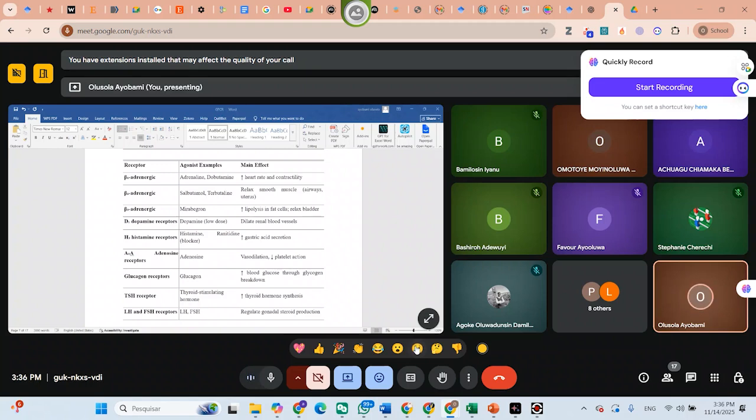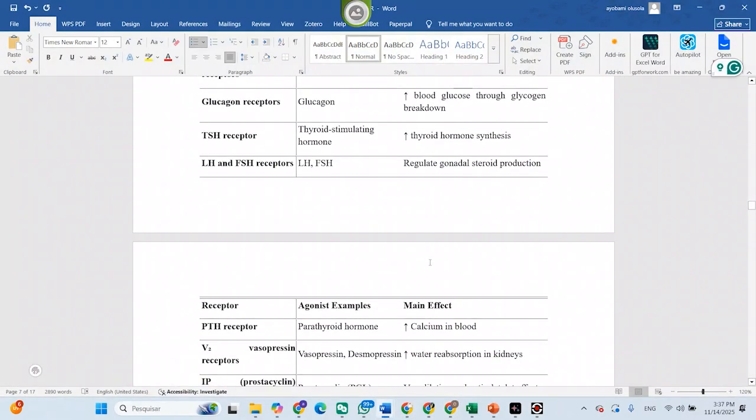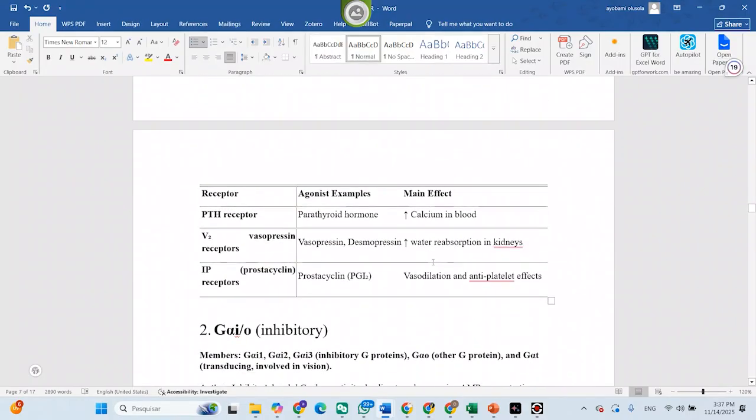So this can raise thyroid hormone synthesis, LH and FSH synthesis and all of that. Then it can release glucagon too, and you know what glucagon does? It increases blood glucose generally, because the metabolic enzymes will also be upregulated and all of that. Any question? Do you have any question?